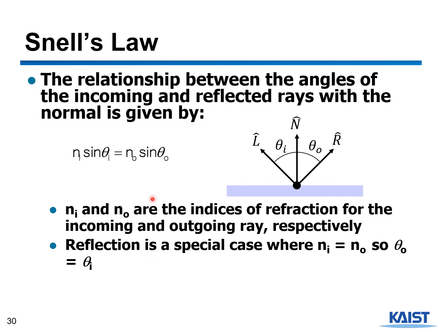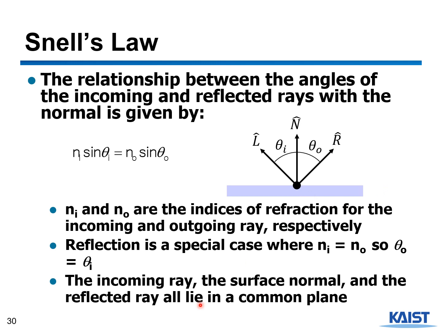In that case, the incoming and outgoing refraction indices are the same thing, so they cancel out. Then we don't need to care about the sine term, and the outgoing angle is the same as the incoming. This is the case of the mirror, right? Basically, in the mirror, if you receive the energy at theta I, then the outgoing energy goes in the direction given by theta O, which is the same as theta I.